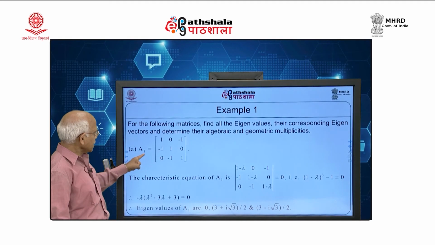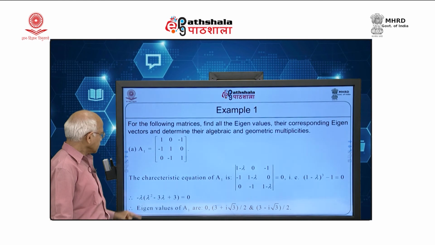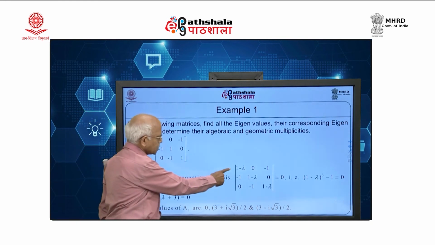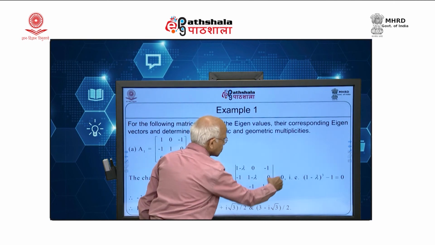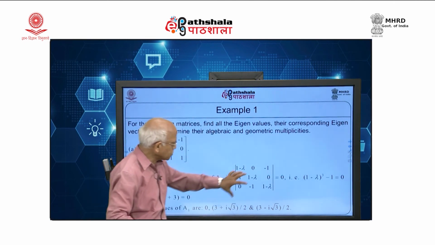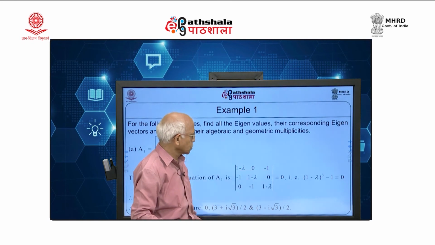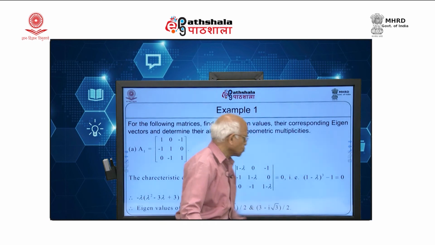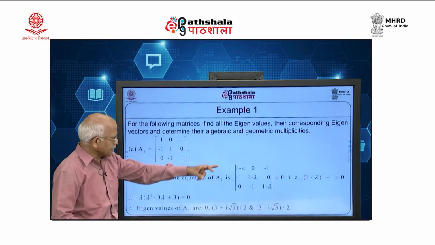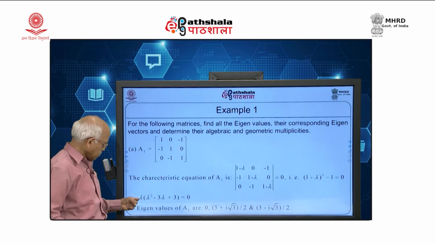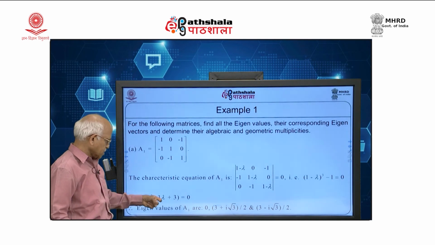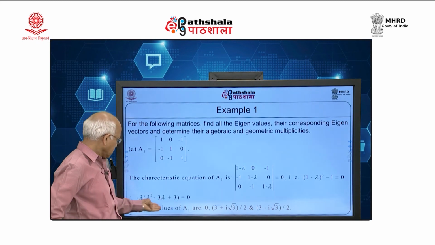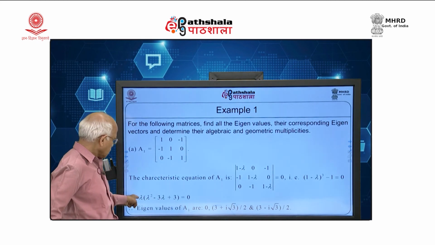Suppose I take matrix A1 to be like this. Its characteristic equation is obtained by subtracting lambda from the diagonal elements, and setting the determinant equal to 0. When you compute this determinant, it will be (1 minus lambda) cube minus 1 equal to 0, and therefore I get the equation lambda into (lambda square minus 3 lambda plus 3) equal to 0, and this equation clearly has roots.